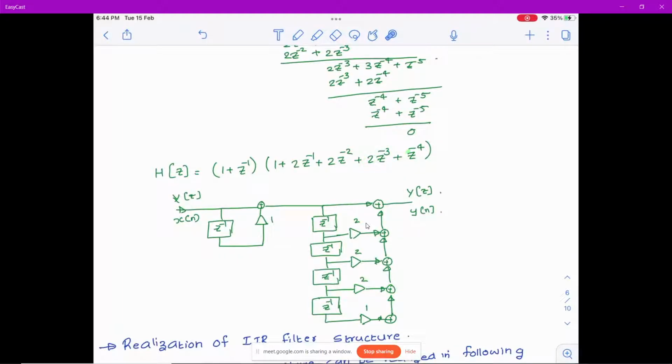And after the last one, you have multiplier by 1. If you want, you can draw an adder. Even if you don't draw an adder, that is fine. Now connect all the adders, because there is a 1 here, because of which it will come here also, which is your y of n. This is the cascade form of realization of FIR filter.